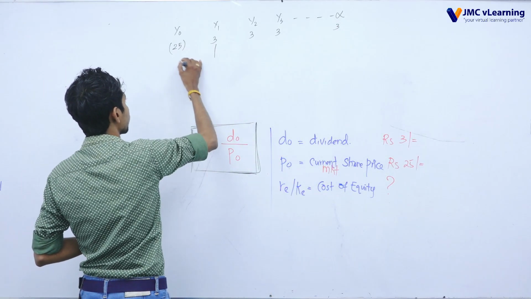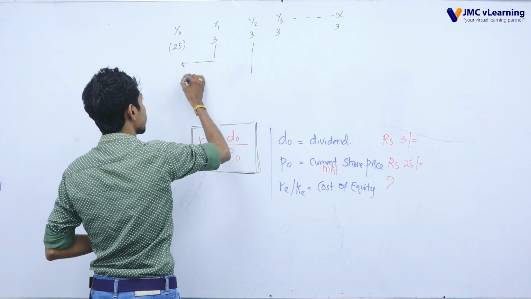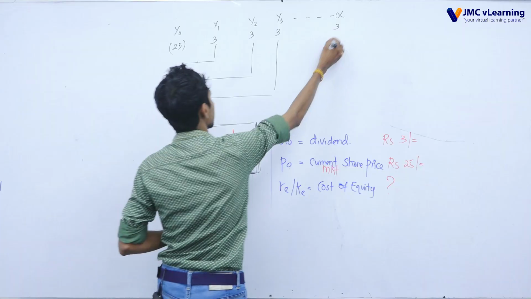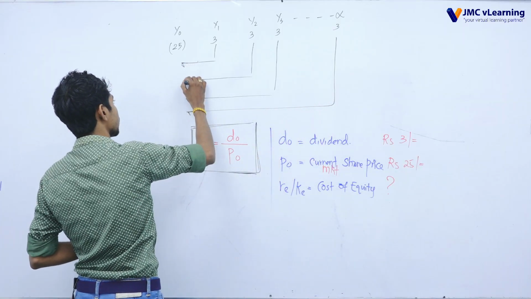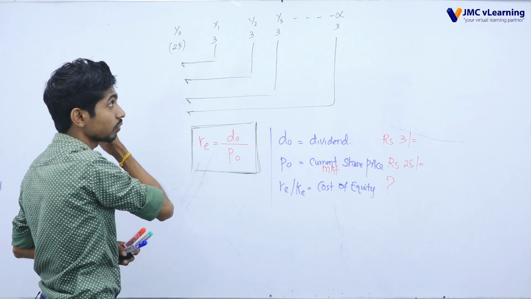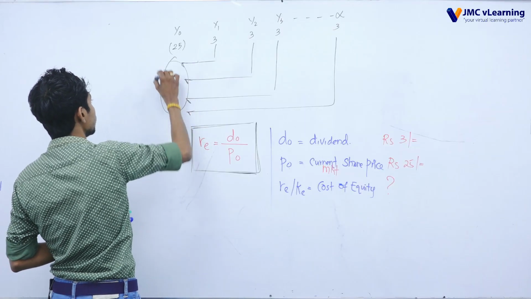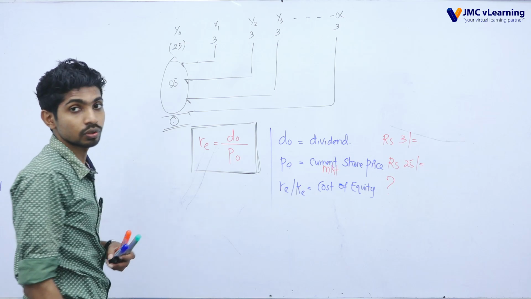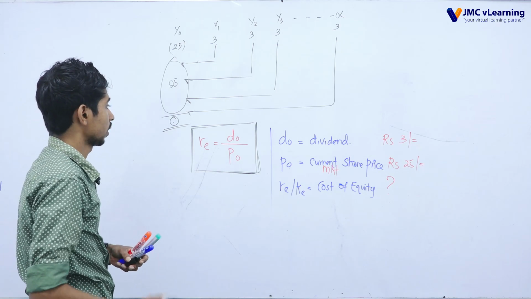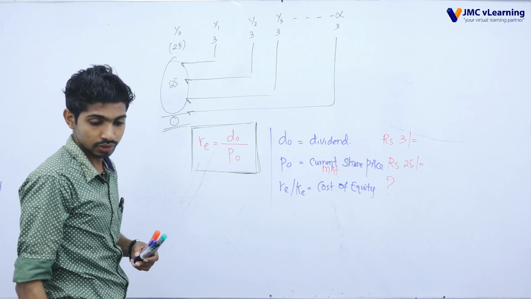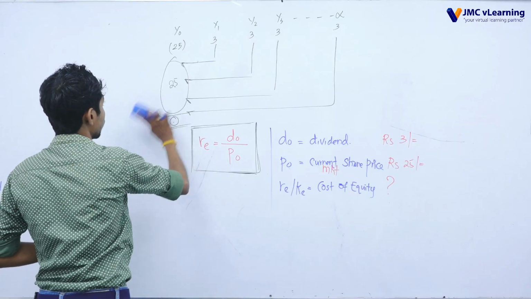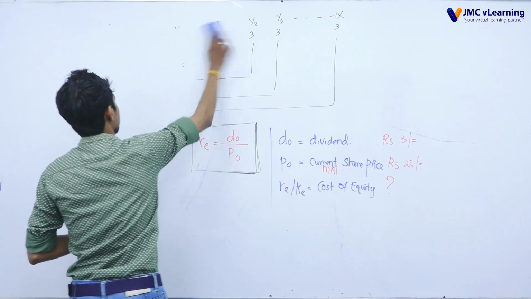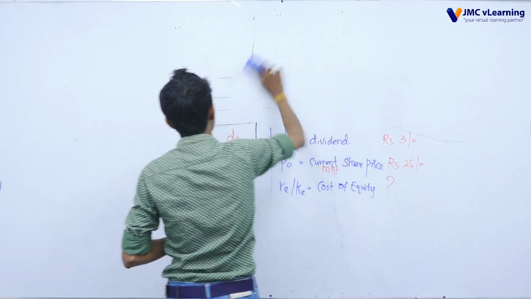Then I want to know what rate should be used to discount so that all of the 3 rupee future dividend payments equal the 25. Then I take it as 0. This answer should be 0. That is the rationale. No need to draw those things. You need to memorize. That is the technique. Based on that, this is the formula we have established.